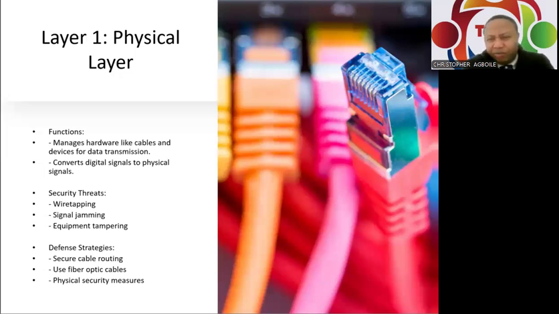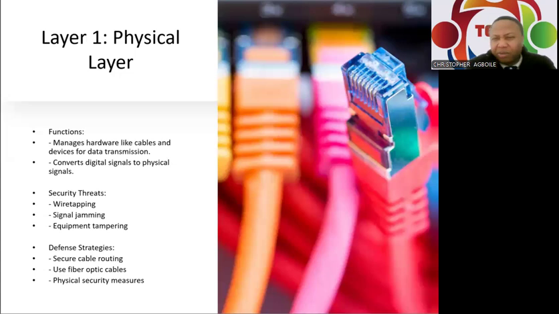Wiretapping gives unauthorized access or interception of data during transmission. We need to prevent it. How do we prevent it? One of the ways is to use fiber optic cables. They are more resilient to this kind of attack, and there is no noise.